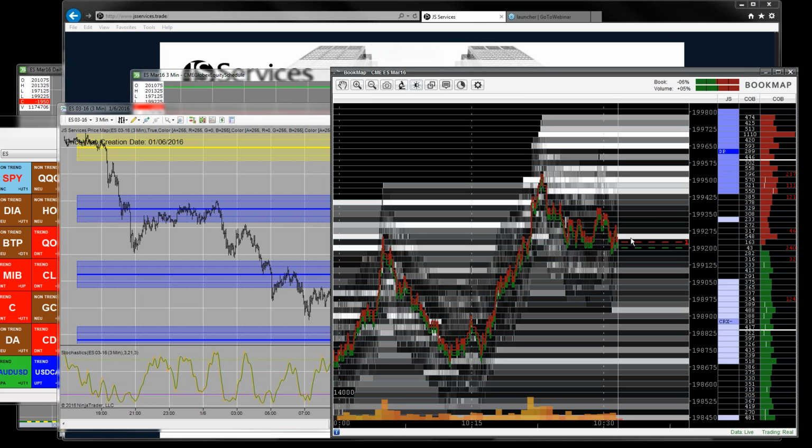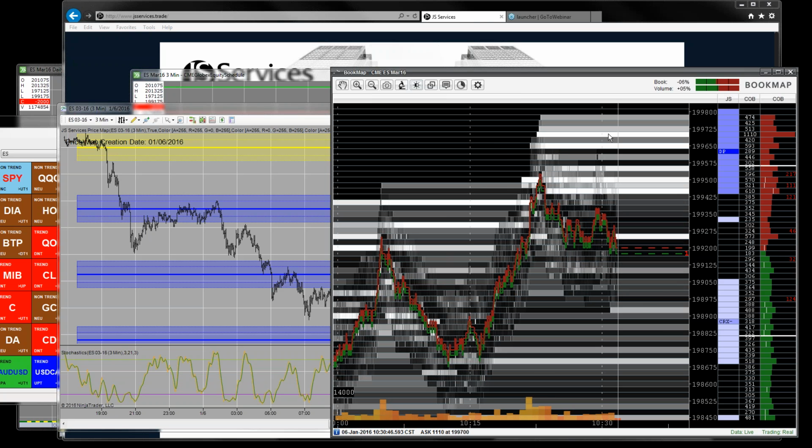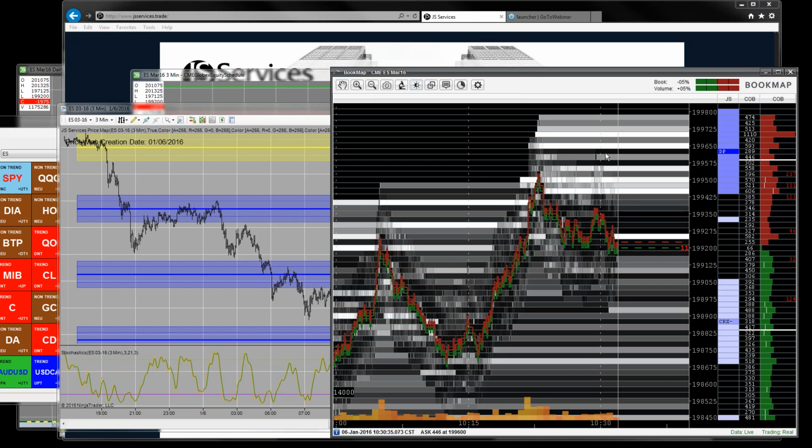What's happening here for sellers against this is we're looking for this to start to shift down, get more aggressive, and start to press this market. But you can see this is getting heavier and heavier, giving you more confidence that this market has a lot of resting paper here.